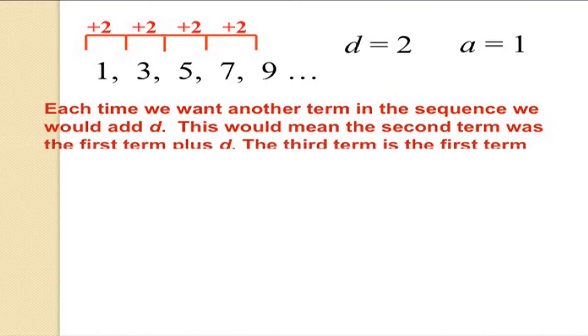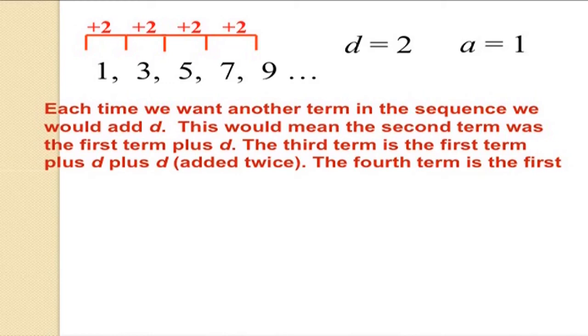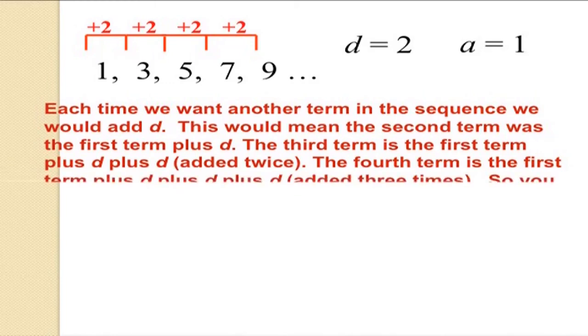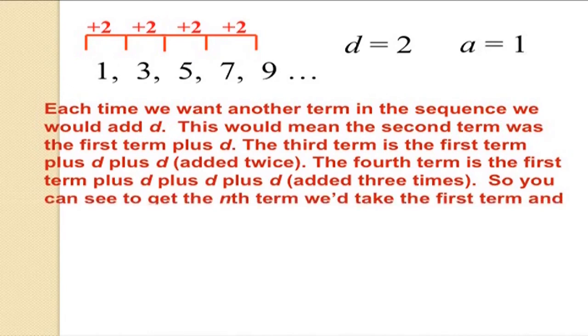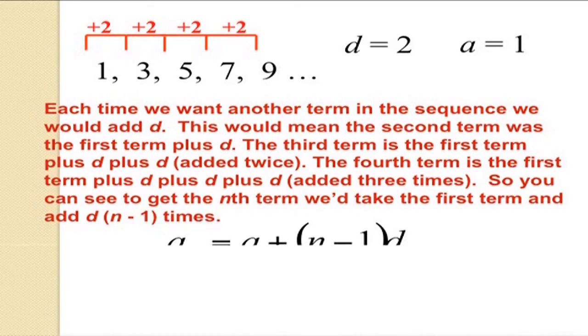The first term in the sequence would be a1, which is sometimes just written as a. Each time we want another term in the sequence, we would add d. This would mean the second term is the first term plus d. The third term is the first term plus d added twice. The fourth term is the first term plus d added 3 times. So you can see, to get the nth term, we would take the first term and add d multiplied by n minus 1 times.